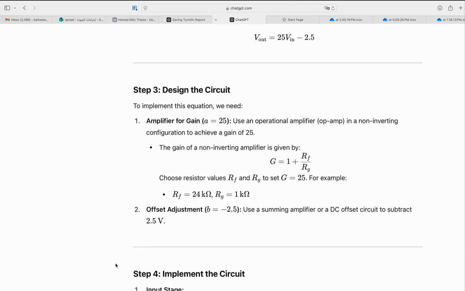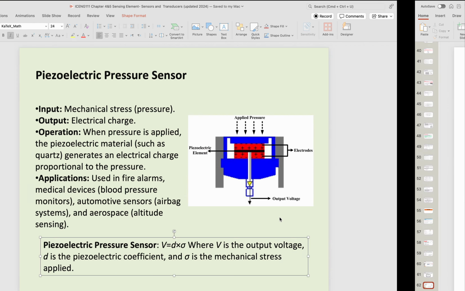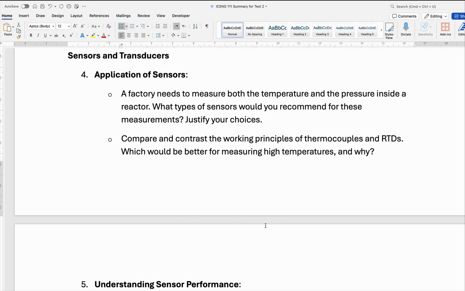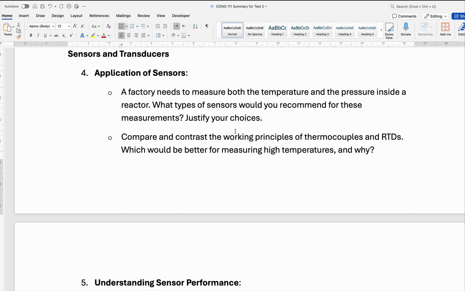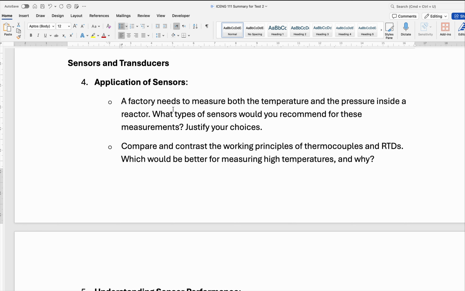So let's go back. Okay. Sensors and transducers. Again, I can ask about sensors and transducers. For example, a factory needs to measure both the temperature and the pressure inside a reactor. What types of sensors would you recommend?